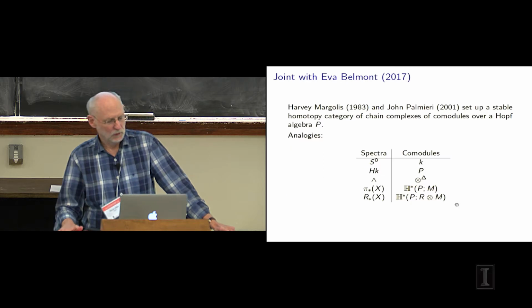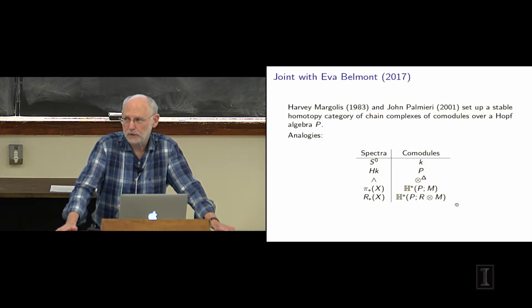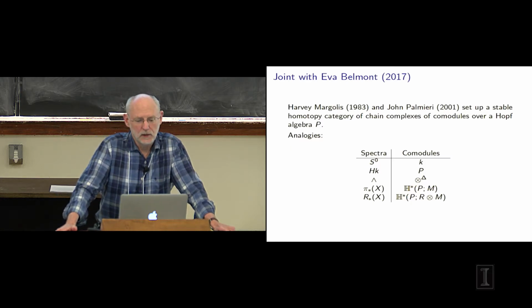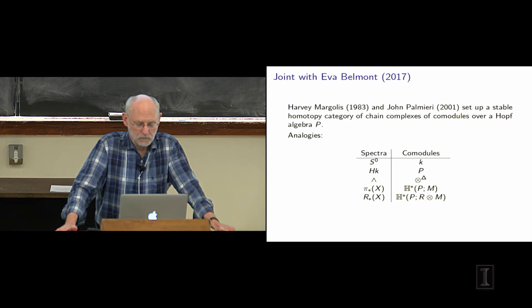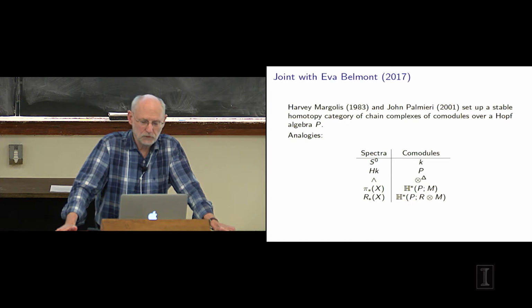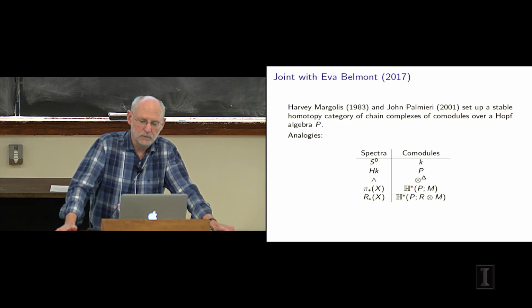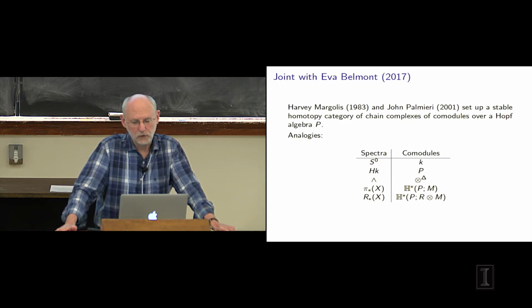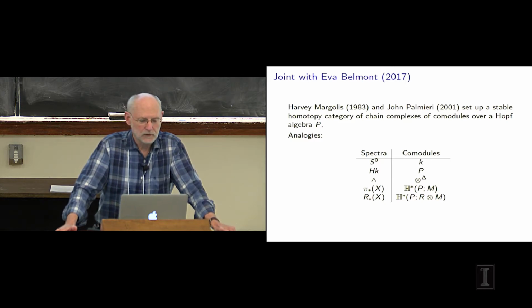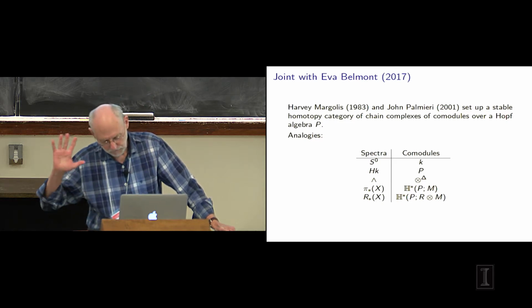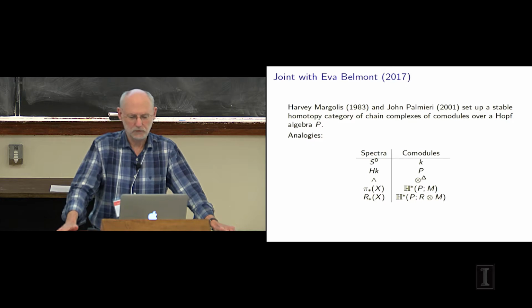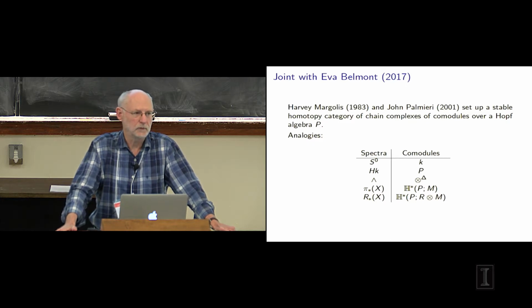All right, so I want to describe a joint project with Eva Belmont that I've been working on to approach this kind of question. So this is going to use the stable homotopy theory of comodules, or rather chain complexes of comodules. This idea of thinking about the stable homotopy theory of modules over the Steenrod algebra, I think this goes back to Harvey Margulis and maybe before.